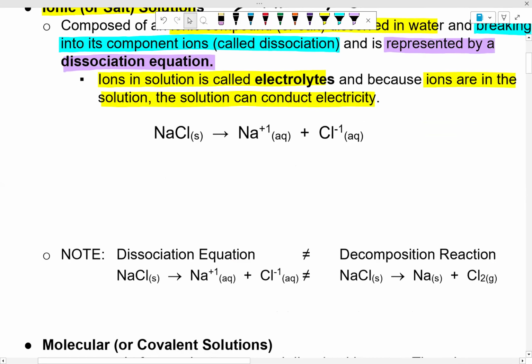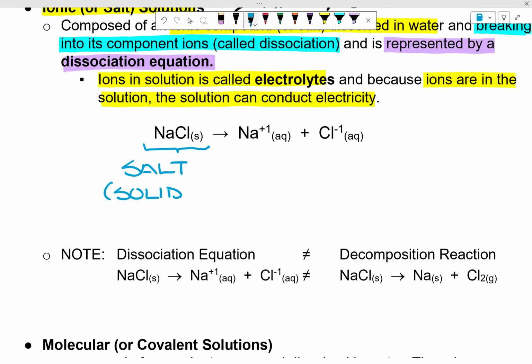In the example that I have here, let's say we have sodium chloride. You know that sodium chloride is an ionic salt. In this particular case, this would be a salt, and this would be a solid. How do I know that? Because of this little subscript here, which you should have learned back in grade 11. In water, it dissolves into ions in solution.